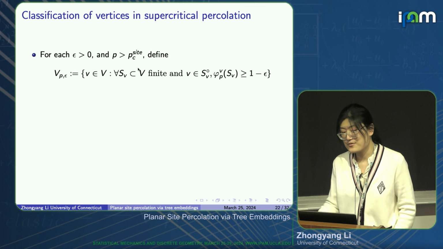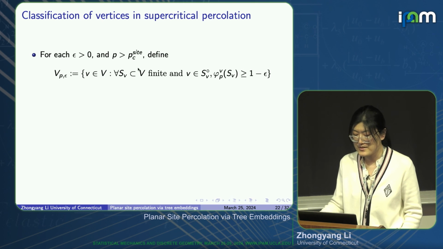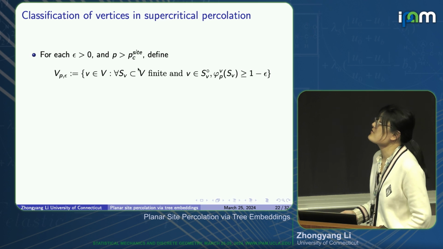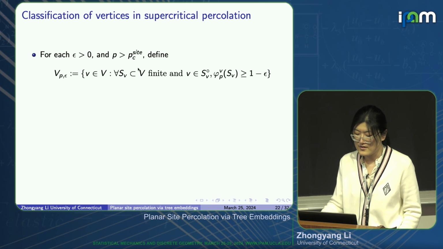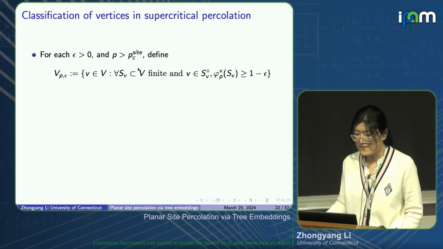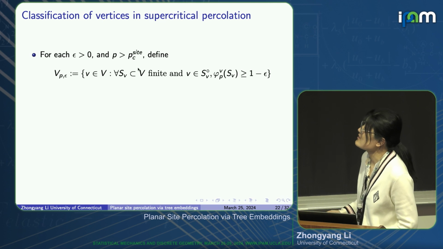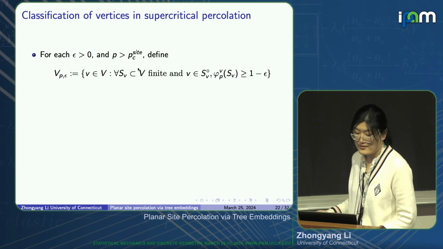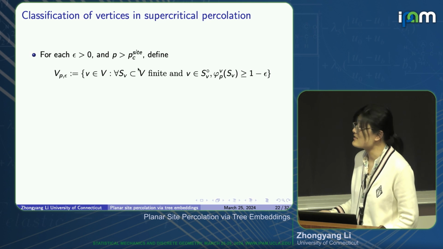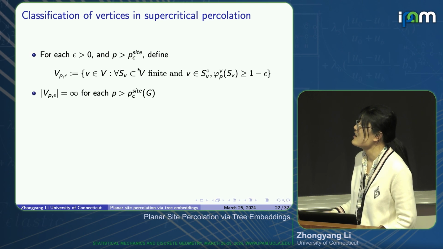Then for each epsilon positive, for each p greater than pc, we define a set of vertices V_{p,epsilon}. V_{p,epsilon} consists of all the vertices such that the average number of vertices on the boundary of the box joined to the center of the box is greater than or equal to 1 minus epsilon for any finite box containing this vertex as an interior vertex.